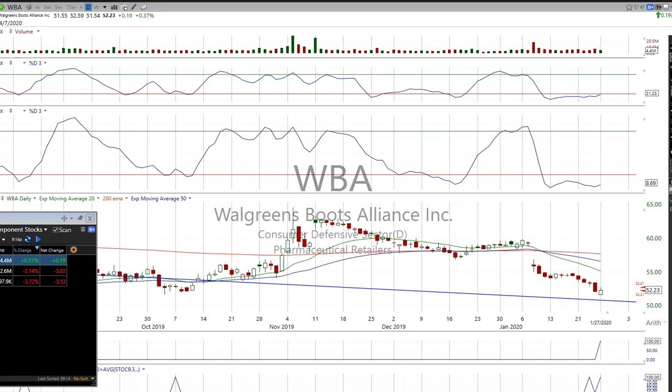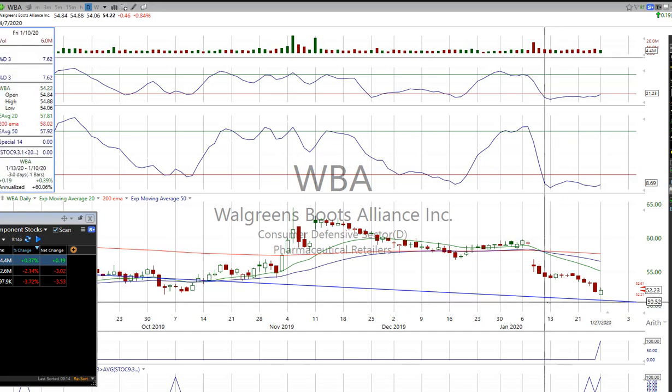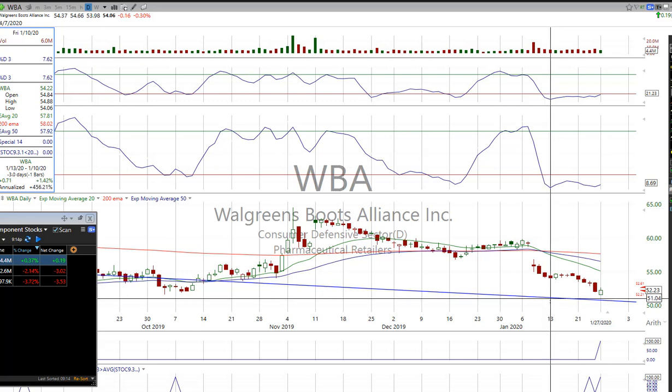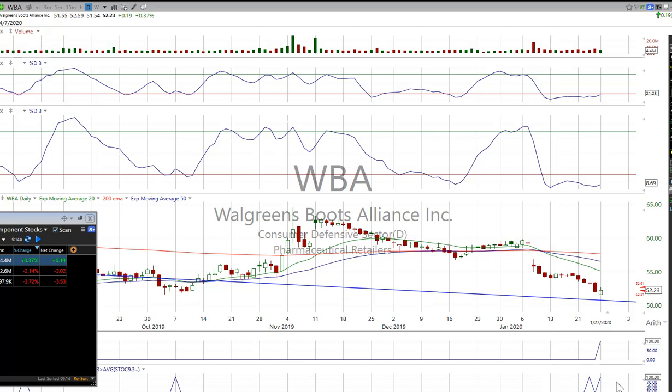It would be great to get kind of a flush down to that zone. So probably right around $51. Right around 51. It's trading at 52.23. So a buck down.